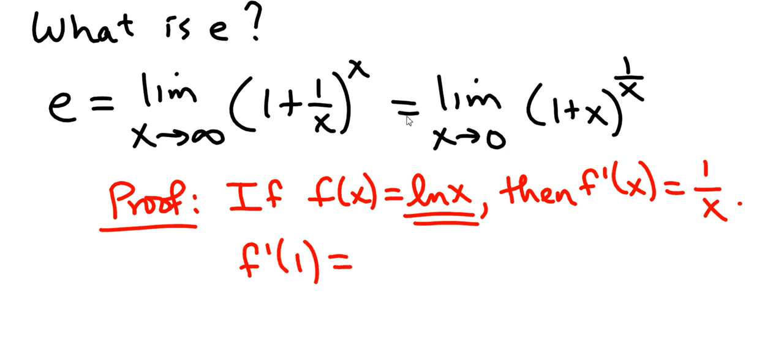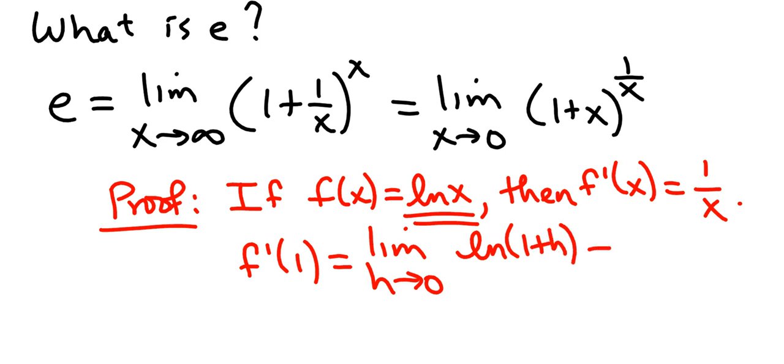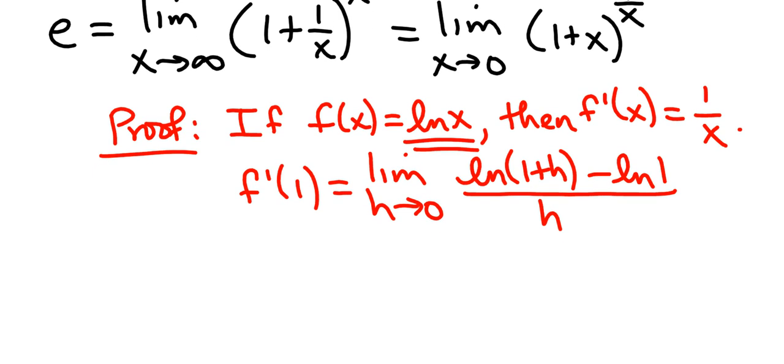very early on in Calc 1, you learned the definition of derivative. You learned that that's the limit as h approaches 0 of f of x plus h minus f of x over h. You learned that a long time ago. We learned last time that the natural log of 1 is 0.